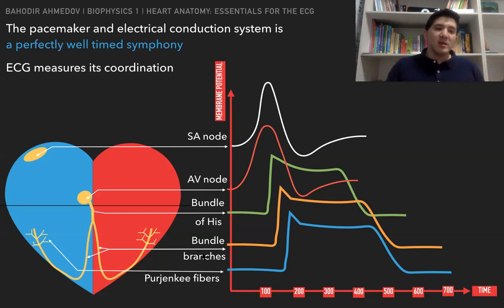All of this timing is really important to the functioning of the heart. The ECG basically traces the propagation of the signal from the SA node until the Purkinje fibers, and it can tell us if something is going wrong. In our next lecture, we're going to talk about what ECG is.